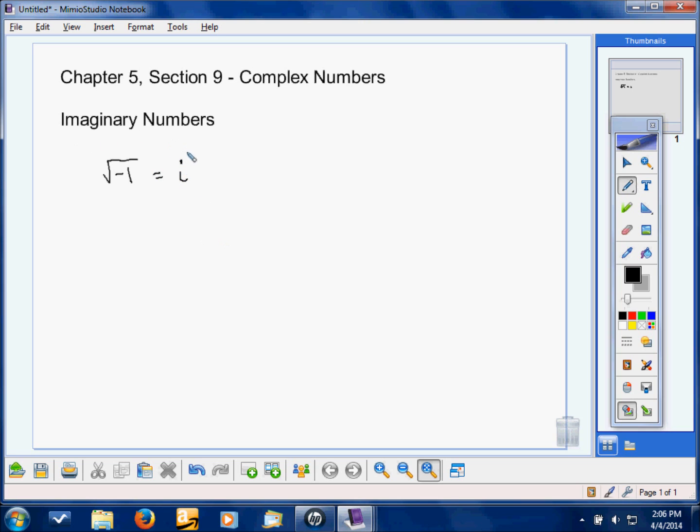That's what the i is for: imaginary. The square root of -1 is one imaginary unit, and we represent it with an i. Is there an understood one? There's an understood one, but you're never going to write it. So the square root of -1 is one imaginary unit, and we represent that with an i.